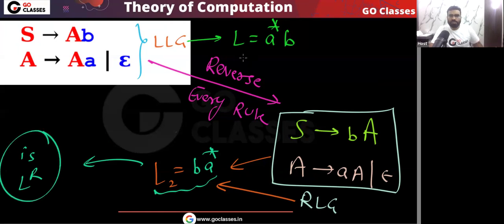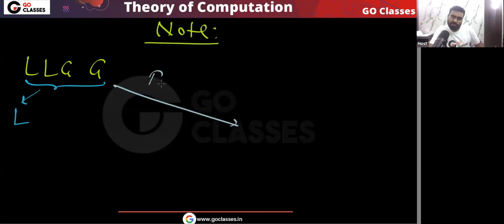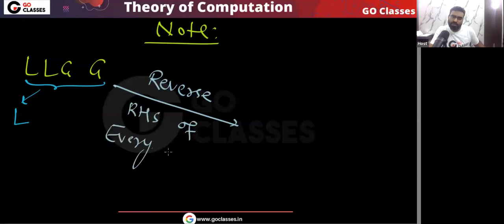Okay, understood? I hope you understood everything so far. So remember, a very simple point. If you have a left linear grammar G, and let's assume the language is L, and in this grammar you reverse the RHS of every rule, then you will get a right linear grammar.